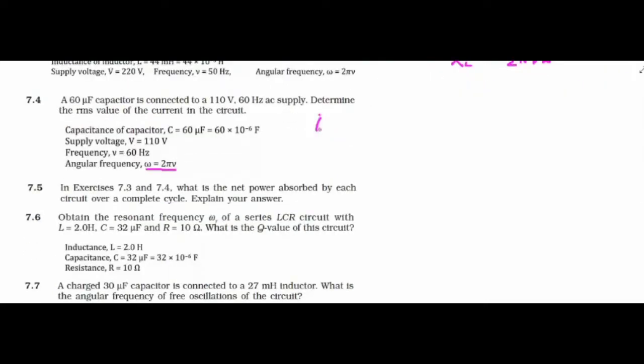Just like in the previous problem, we have IRMS is equal to VRMS divided by XC, is equal to VRMS divided by 1 by 2 pi nu C. So substitute the values, you get the value of IRMS in the circuit.